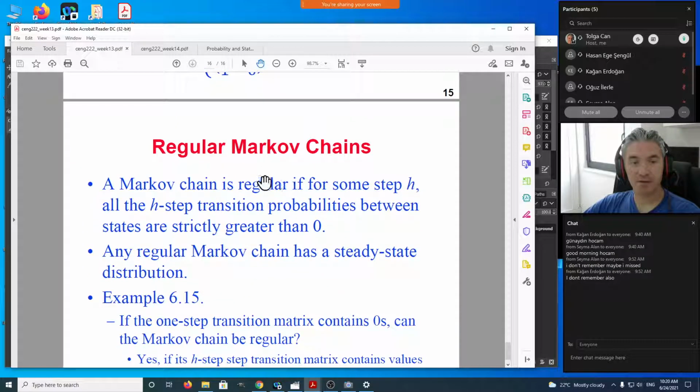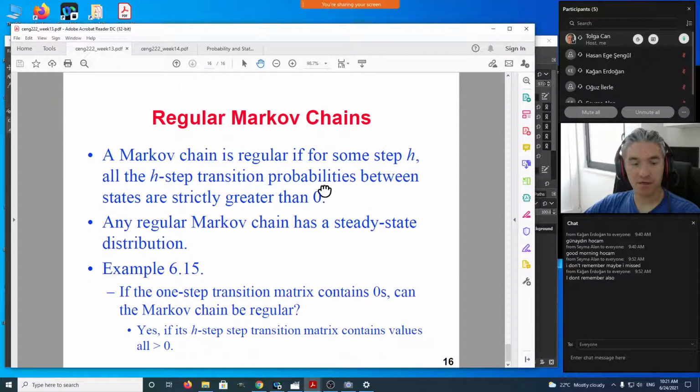But here is the definition of a regular Markov chain. A Markov chain is regular if there exists some H in which all the H-step transition probabilities between every state are strictly greater than 0.